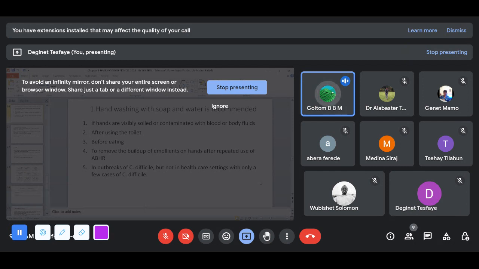In outbreaks of Clostridium difficile, but not in healthcare settings with only a few cases of Clostridium difficile, in these cases we have to use hand washing.